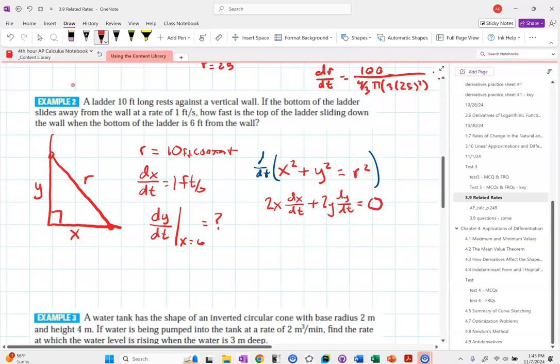So far, so good? Okay, so let's start filling in. So we know x is 6. dx/dt is 1. Oh, we don't have a value for y. Uh-oh, we're short something.